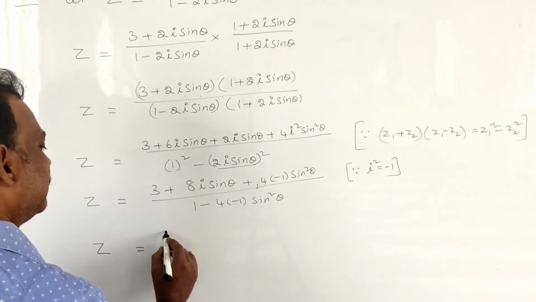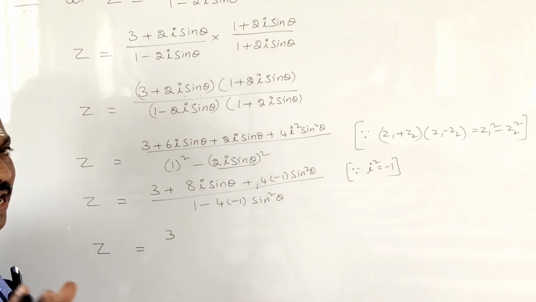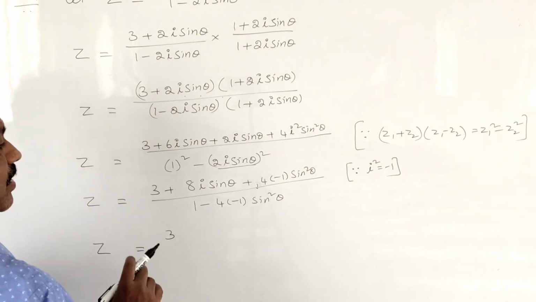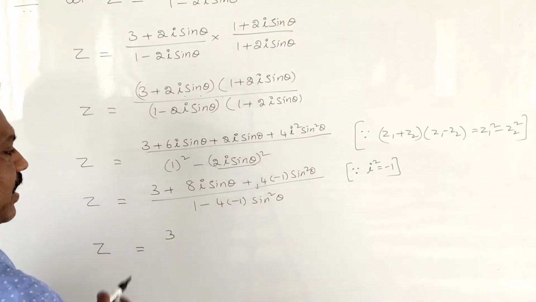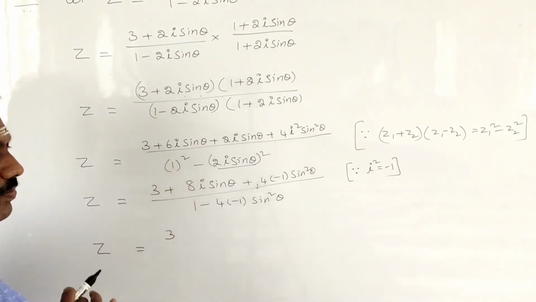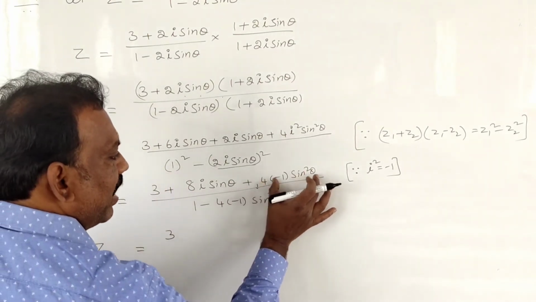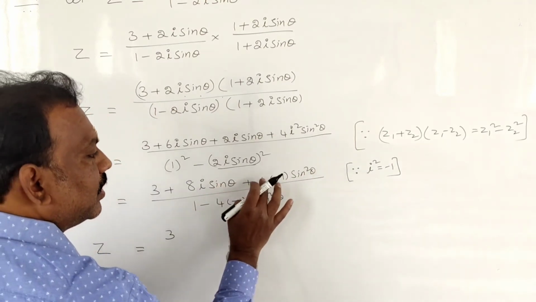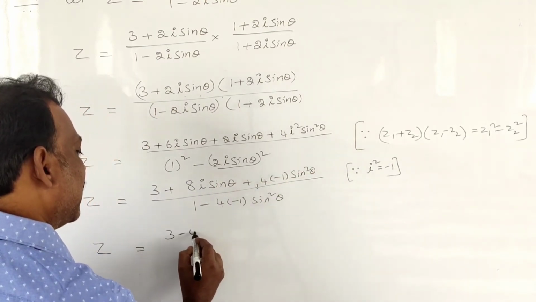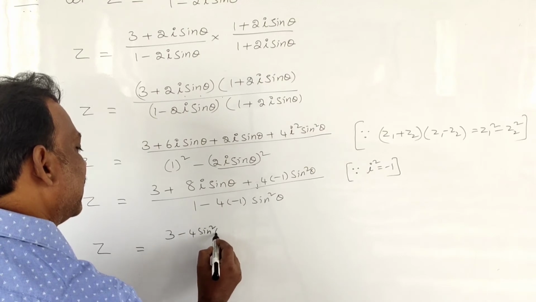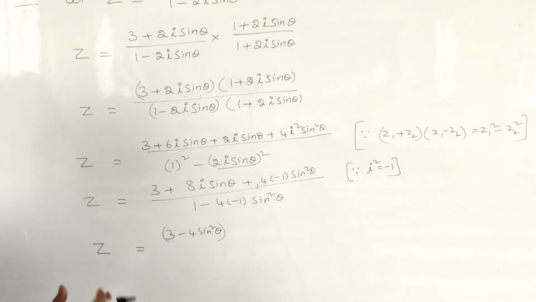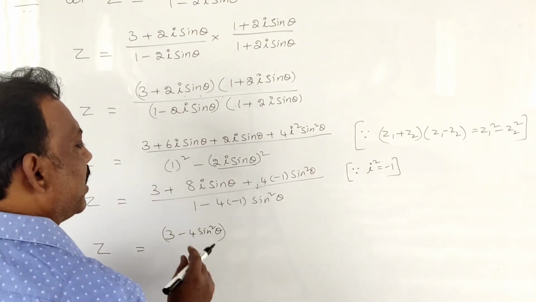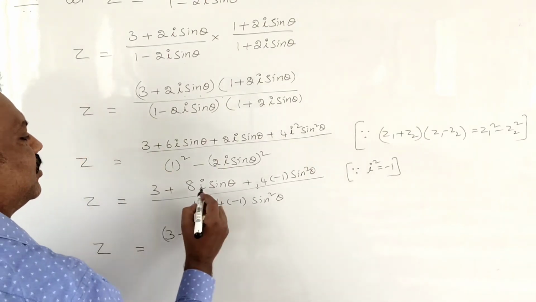This is 3. While writing this complex number, you have to write the real part separate and the imaginary part separate. Real part means there is no i value. Here also there is no i value. This is minus 4 sin square theta. This becomes one set. You can put it in brackets also, no problem. This is the real part. Imaginary part means the term containing i. So i is contained here.